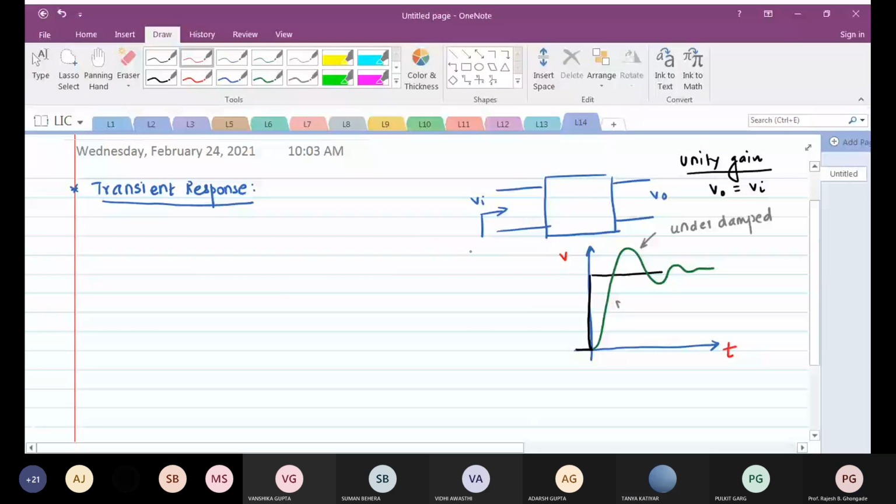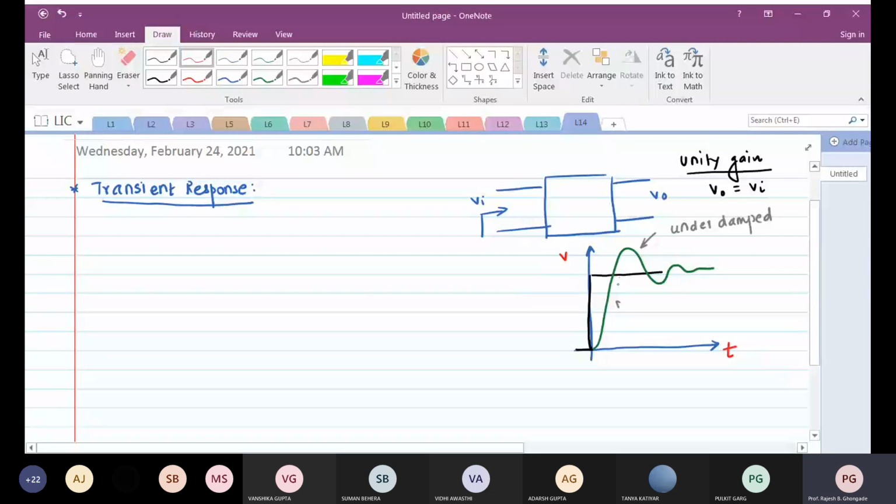Yes, sir. Underdamped, the overdamped, and the critically damped. Okay? This you will learn in the control systems. I don't know whether you have started that or not. Have you started control systems? Yes, sir. Yes. So then you should be in a position to understand these things.